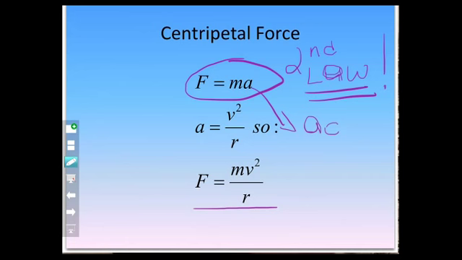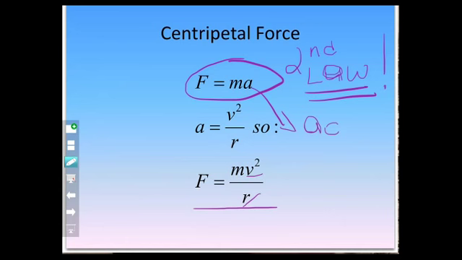If we look at this briefly, in order to keep an object moving at some speed at some radius, if we increase the mass of the object, we need to increase the force being applied to keep that object in the circular path. So there's a direct relationship between the mass and the force required.